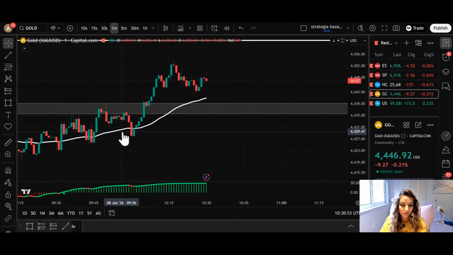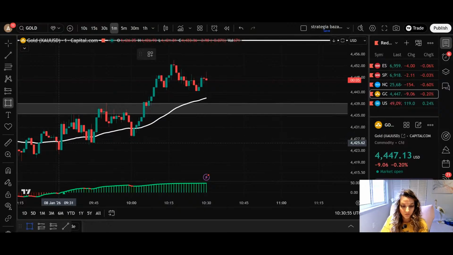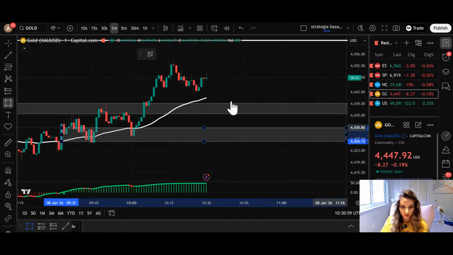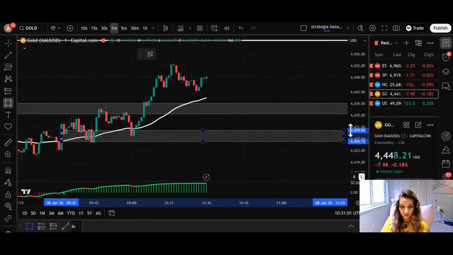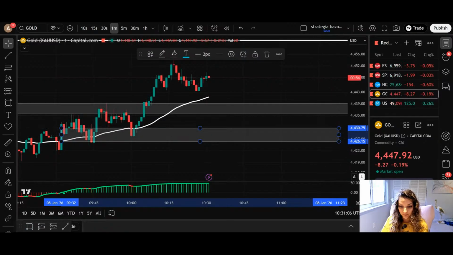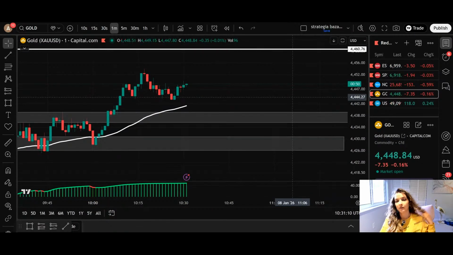Yeah, it can be. If it gets down to this area. But first I'm watching to get down to this area for me, and see how it reacts to the first area. This, and take a buy.